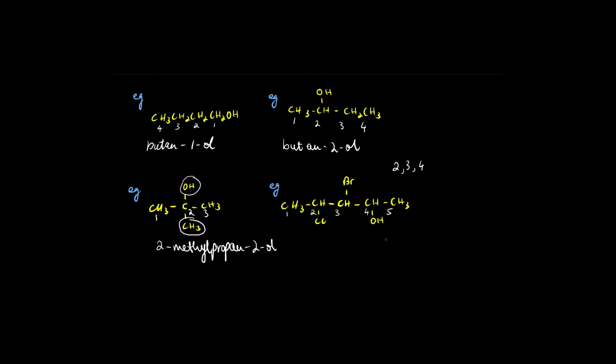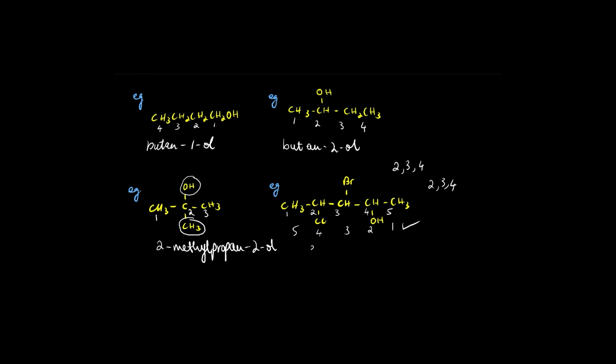Now if we number from the right hand side, the number for the substituents would again be 2, 3 and 4. Now over here we will take this into account, because the functional group OH must get the smallest number.